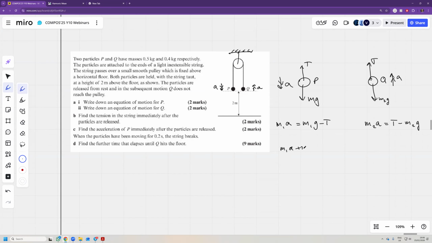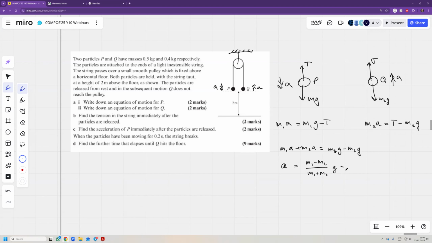M1A plus M2A equals M1g minus M2g. So acceleration is M1 minus M2 over M1 plus M2, times g.